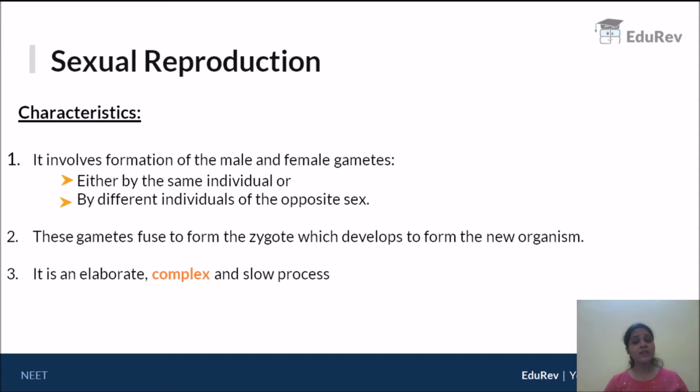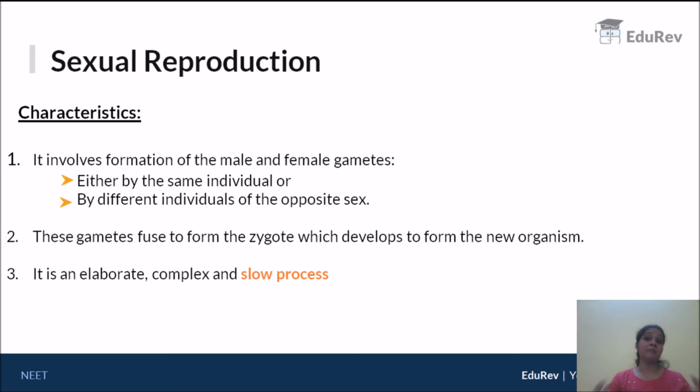Now, why is it complex? It involves meiosis. Meiosis has crossing over, so that is a very complicated process. And finally it is a very slow process. Now, why do we say sexual reproduction is slow? First of all, a sexually reproducing organism must enter a mature phase in order to carry out reproduction. Secondly, once the gametes are produced, the gametes must be transferred.